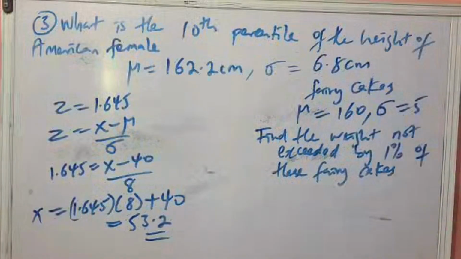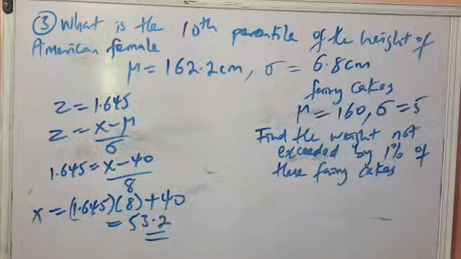Look at the question there now. Find the weight not exceeded. That means in this case, you are asked to find the weight that 1% of the cakes do not exceed.